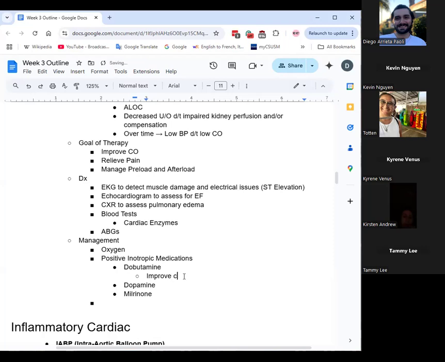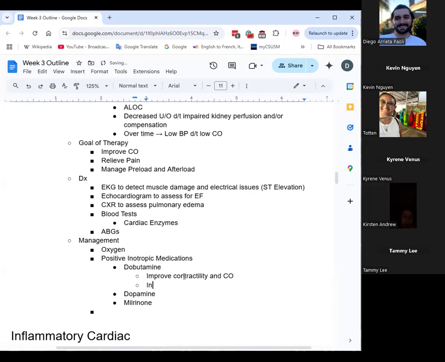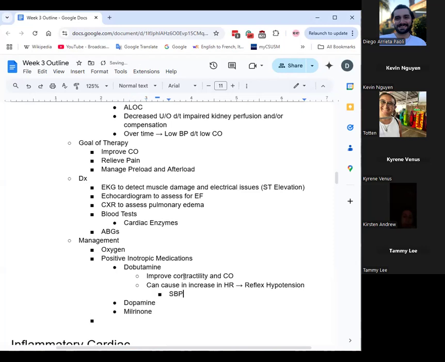So this is going to improve contractility and cardiac output, but it can also cause an increase in heart rate, which can lead to reflex hypotension. From that increase in heart rate, your body essentially has to compensate for the tachycardia by decreasing the blood pressure. So it's worth noting that systolic blood pressure should probably be at least 80 plus before giving.